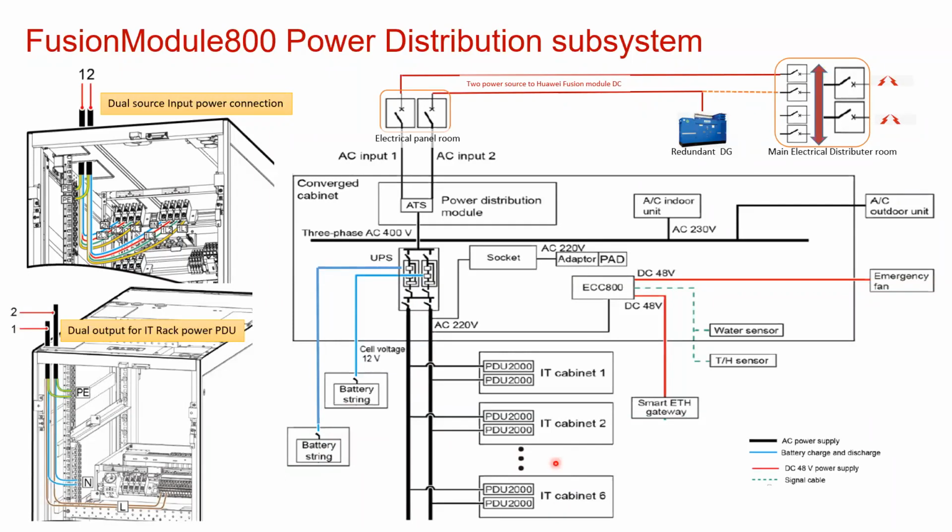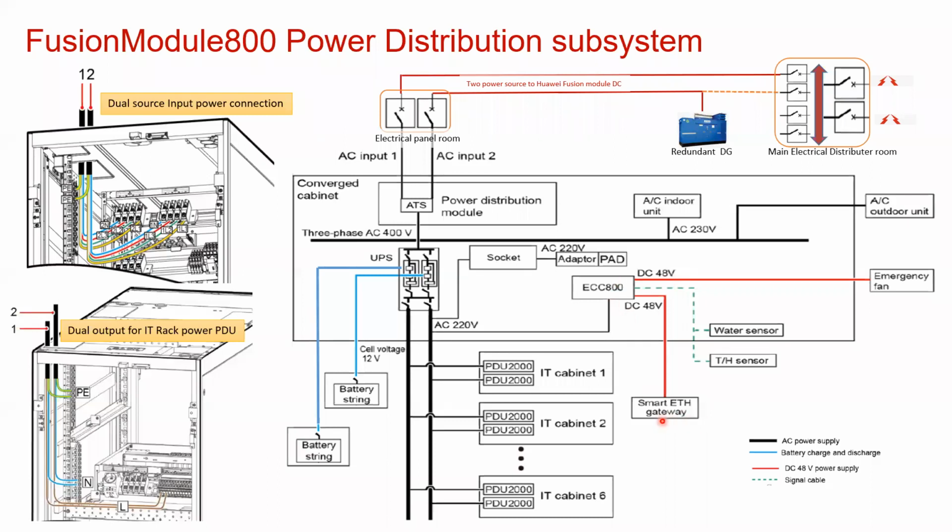So we can have multiple racks, and each rack will fetch power from this bus. Also, for the internal DC-based equipment, this ACC 800 can serve as an AC to DC converter. You can see here many devices which can operate on DC power can get the DC power from this ECC.